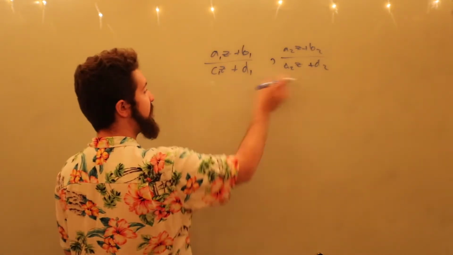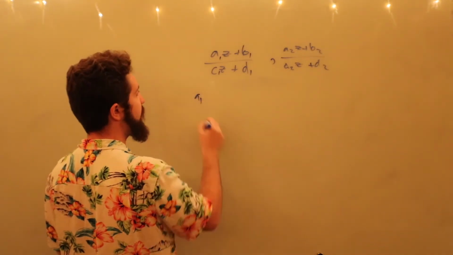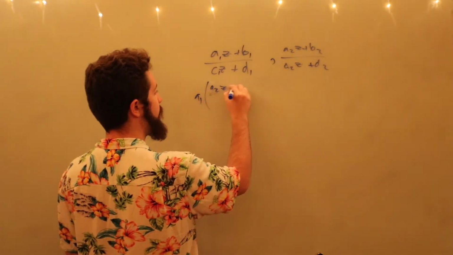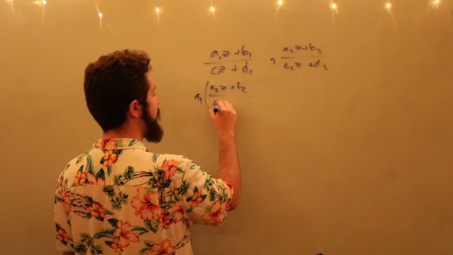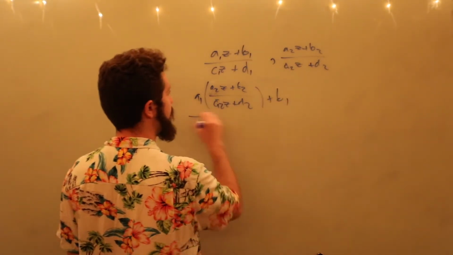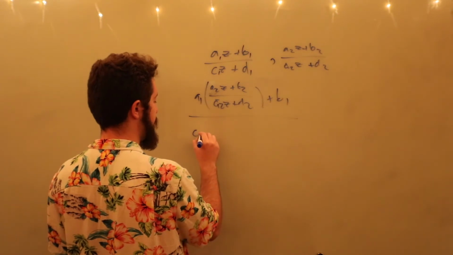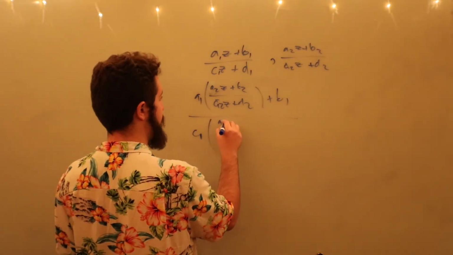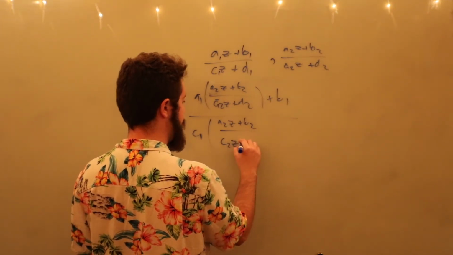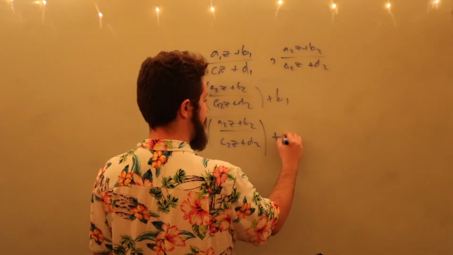So let's plug this into this and see what happens. a1 times (a2z plus b2) all over (c2z plus d2), plus b1, all over c1 times (a2z plus b2) all over (c2z plus d2), plus d1.